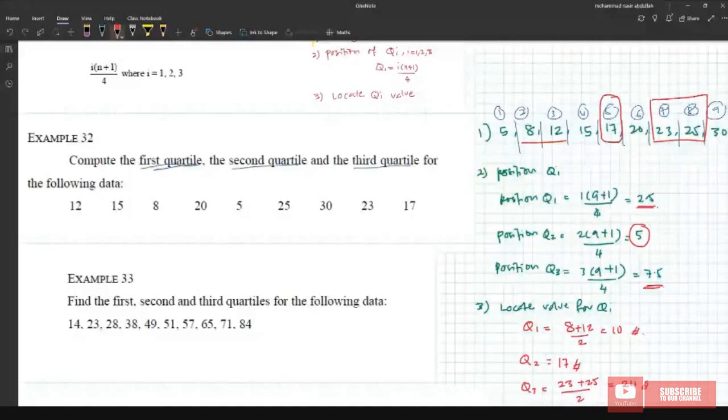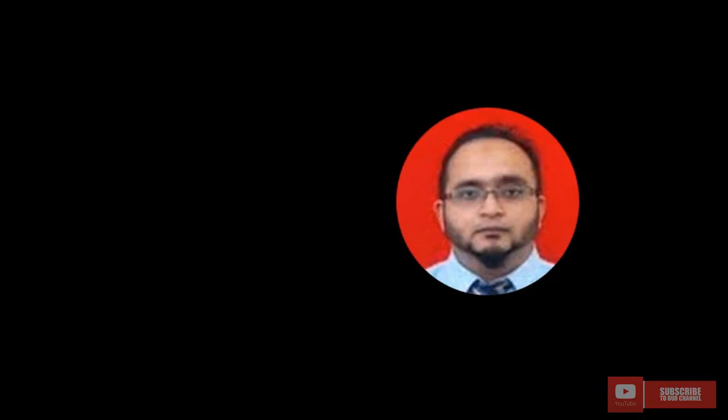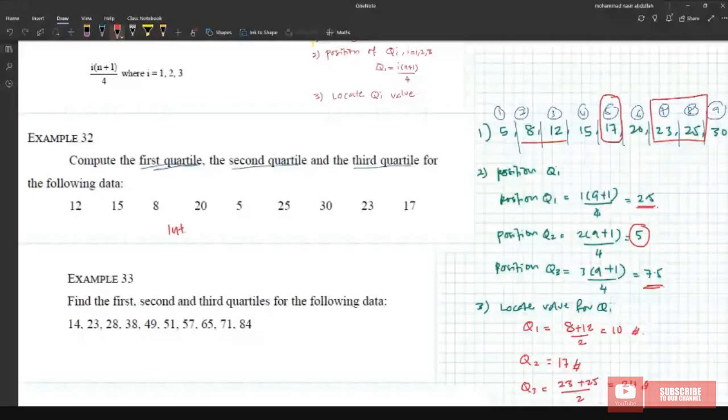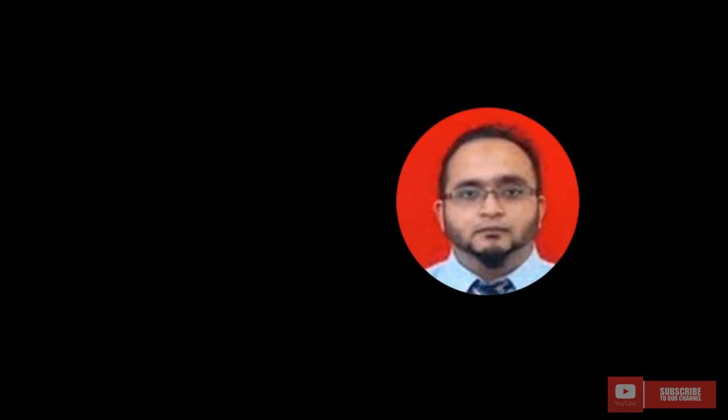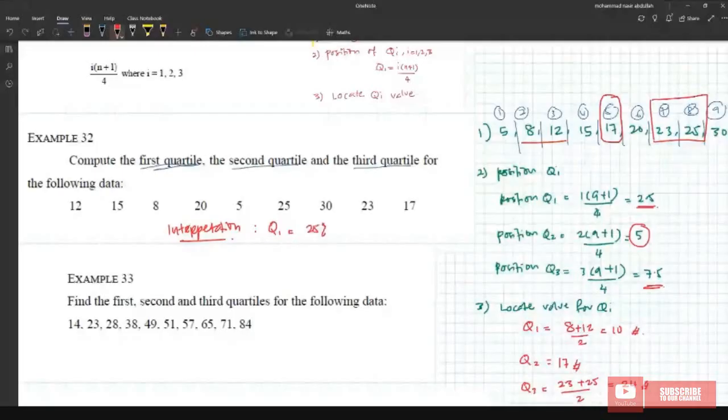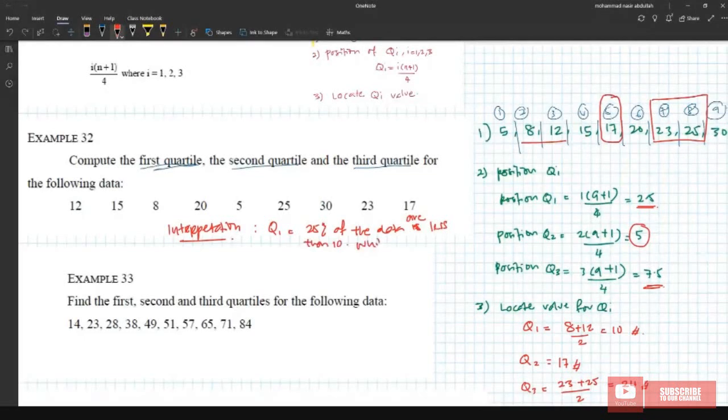So quartile 1, interpretation. Quartile 1, 25% of the data is less than 10, while another 75% of the data is more than 10.